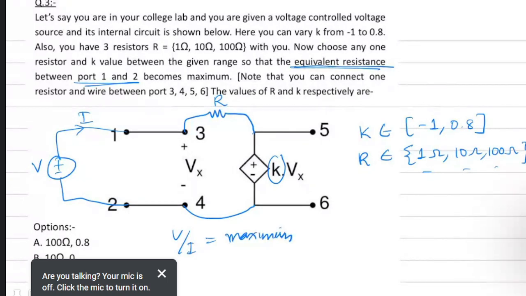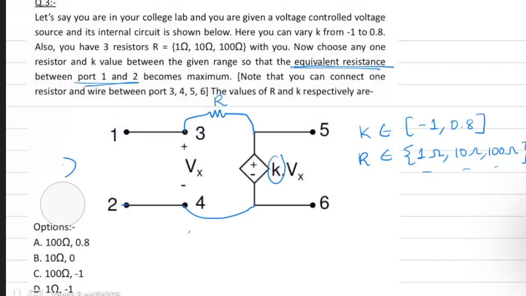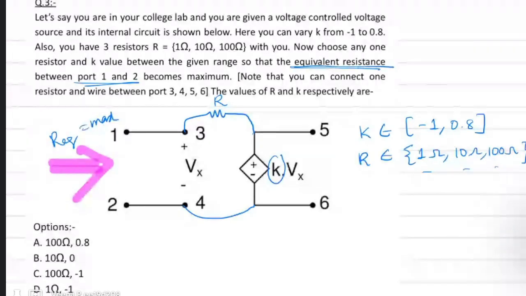Or in other words, the R equivalent, the value of resistor which you see across this point, should be maximum. So what is the value of this R as well as K is the question. I hope everyone understood the question.